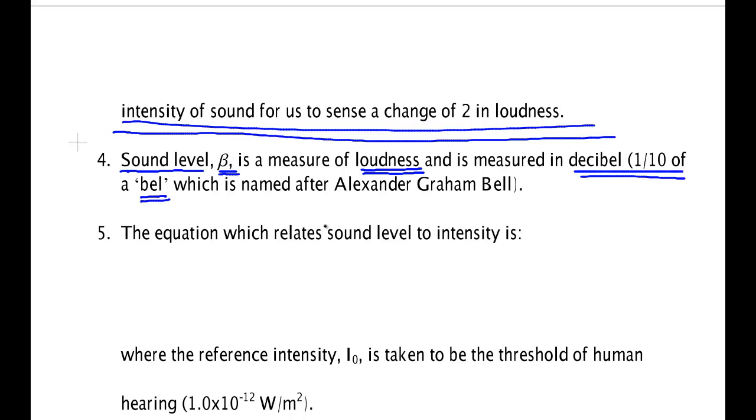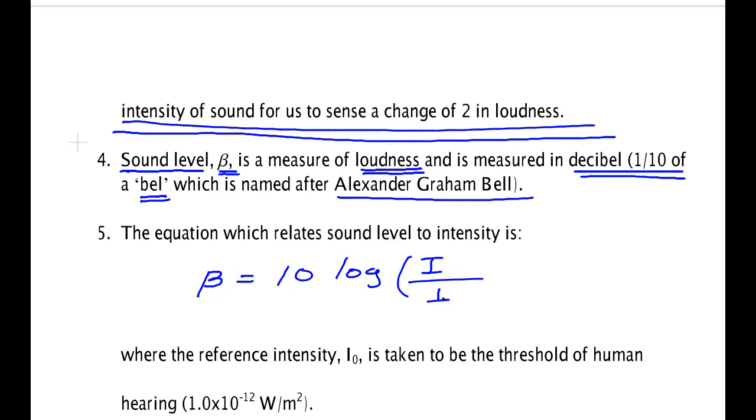Notice there's only one L in the bell, but it's named after Alexander Graham Bell, who had 2 L's. The equation is that the sound level is 10 times the log of the intensity to some reference intensity. And this is in dB.